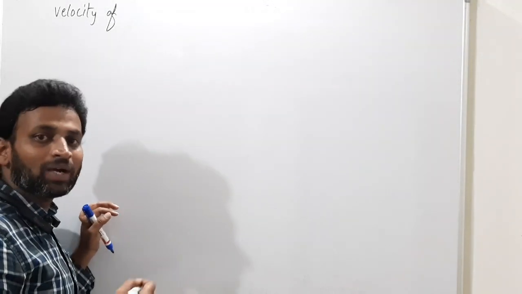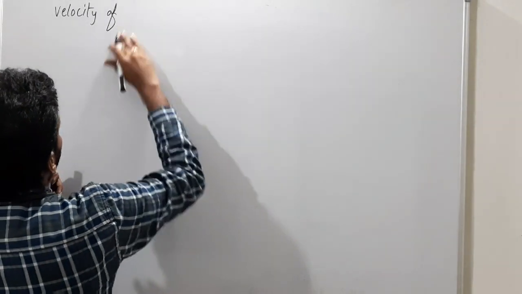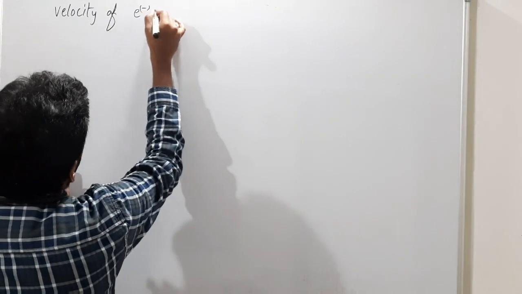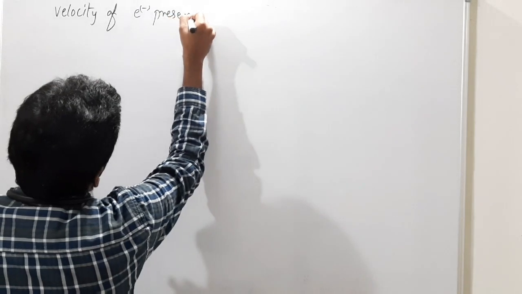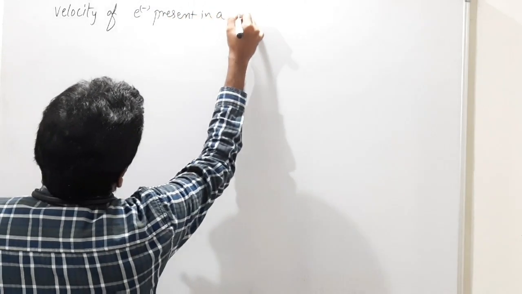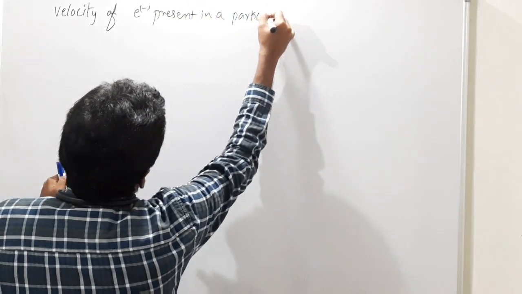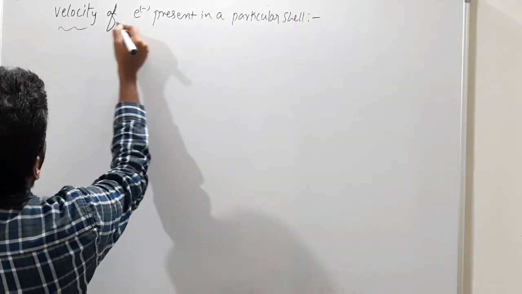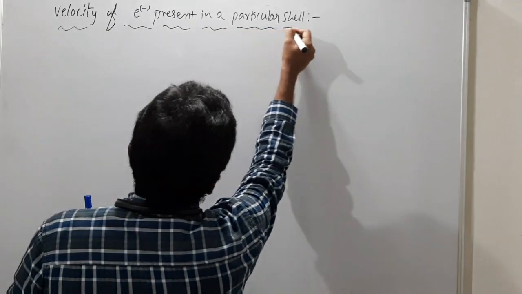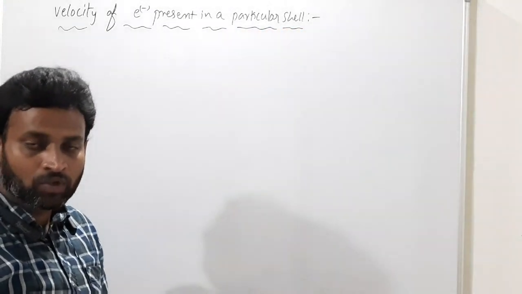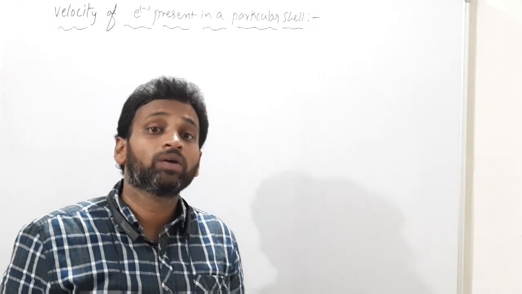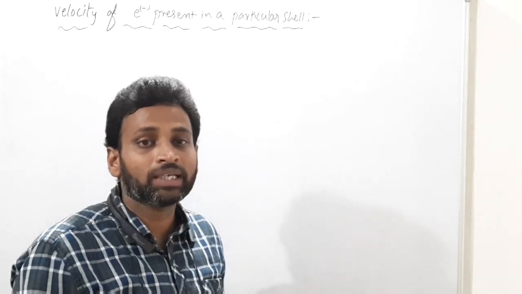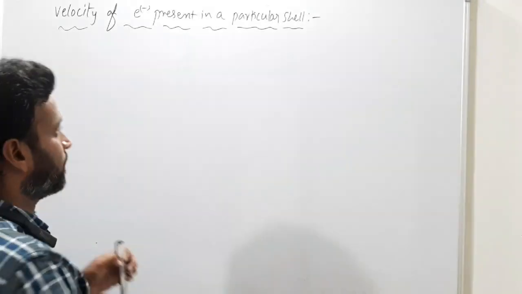The electron is revolving, so the electron has velocity. So the velocity of an electron present in a particular shell. What is the velocity?